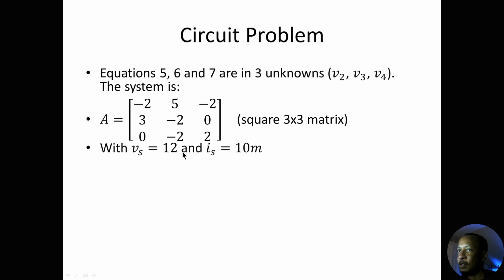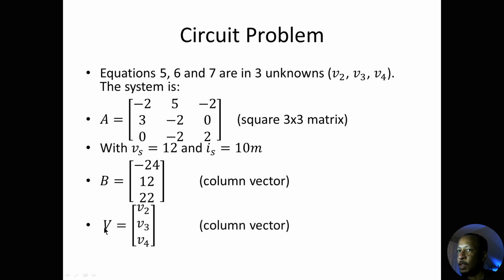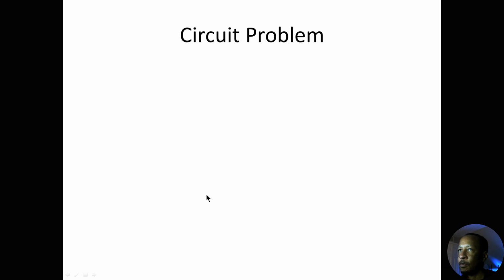And with Vs equal 12 and Is equal 10 milli, okay, so Vs is going to be 12 volts, Is is going to be 10 milliamps. Then that gives us our B column vector, which is going to be negative 24, 12, and 22. And then our voltage column vector is going to be V2, V3, and V4.